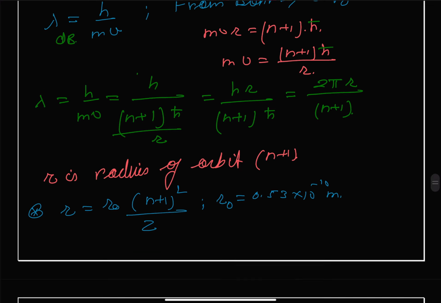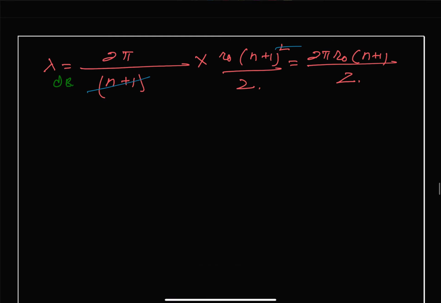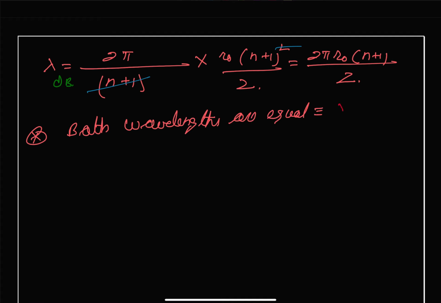So this will be making a comparison easy. So this becomes the de-Broglie wavelength, and we are given that both wavelengths are the same. Both wavelengths are equal, which basically means that the de-Broglie wavelength is equal to lambda.